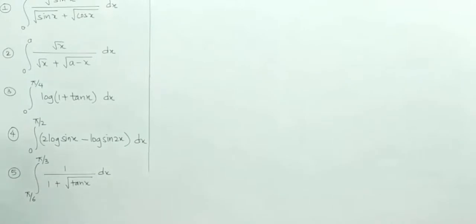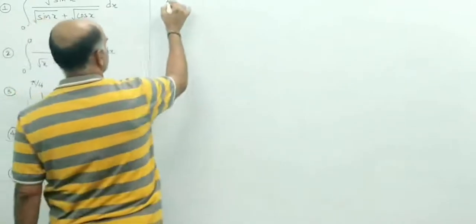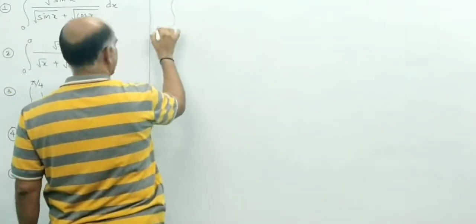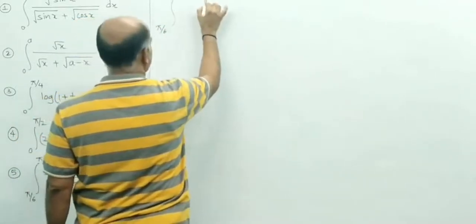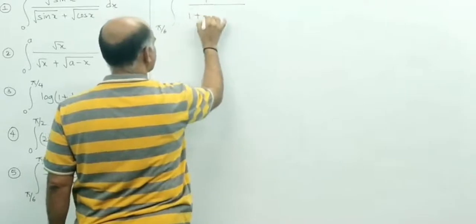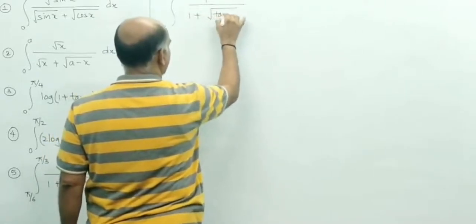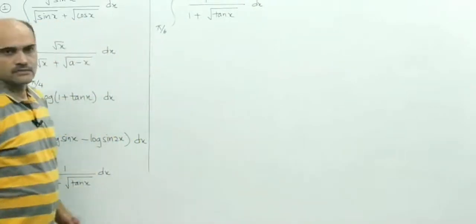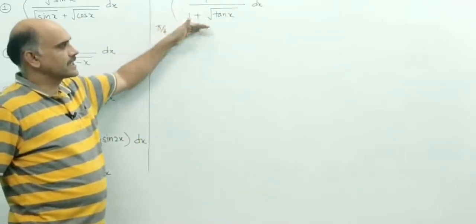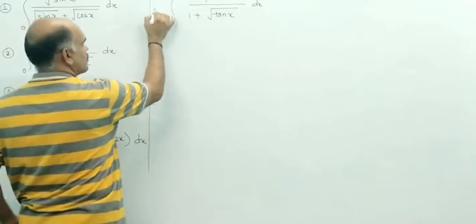So now the fifth one, students. It is the integral from pi by 6 to pi by 3 of 1 by 1 plus root of tan x dx. Now this tan I can write as sine by cos.